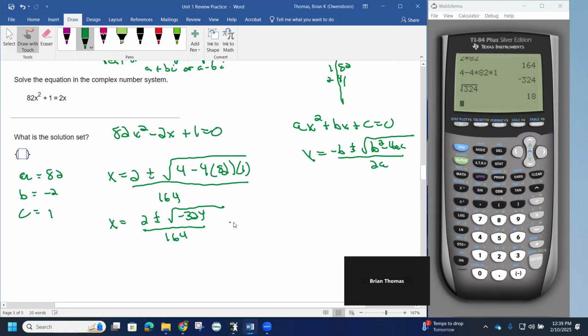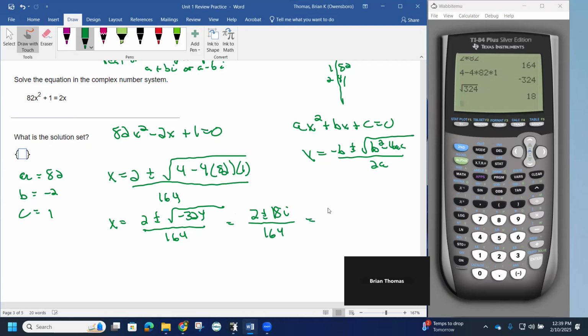So this problem can be written as x equals 2 plus or minus 18i over 164.